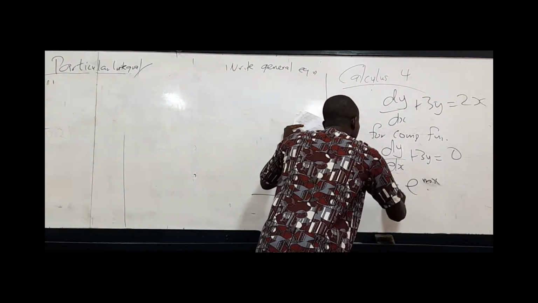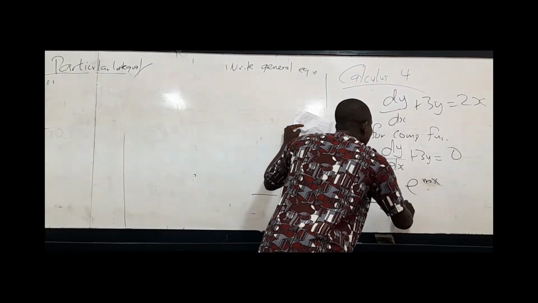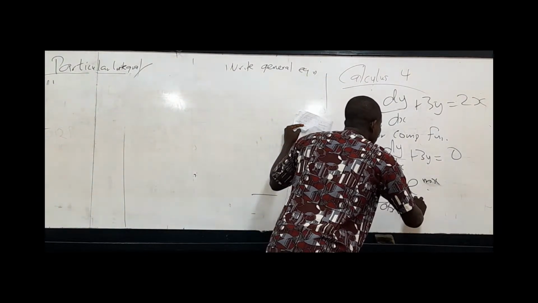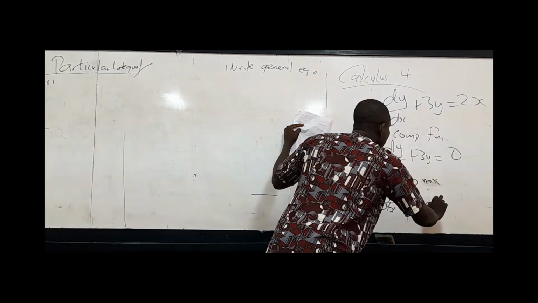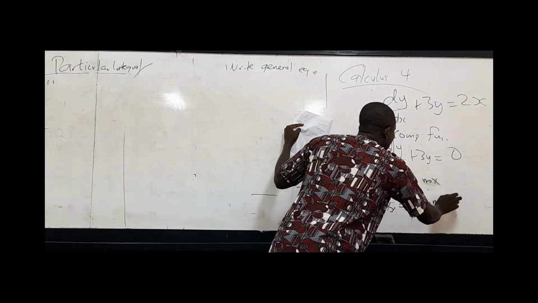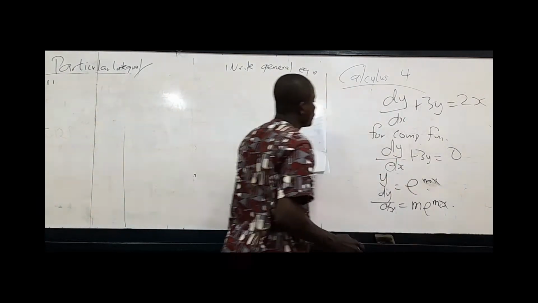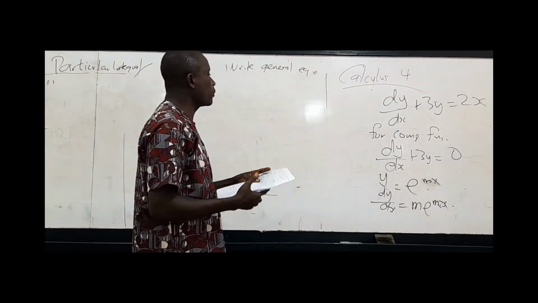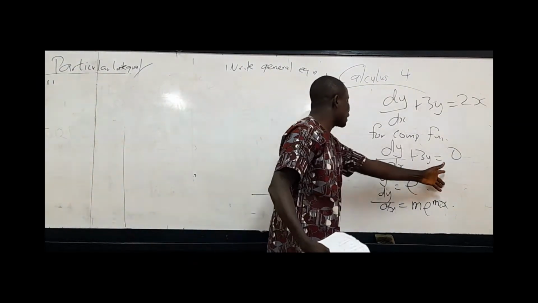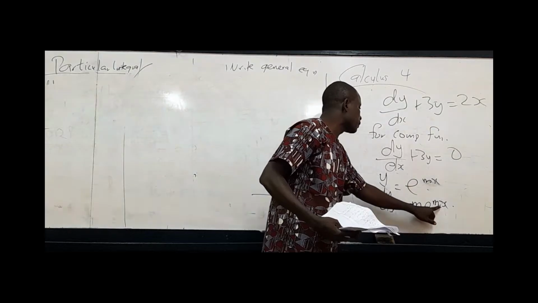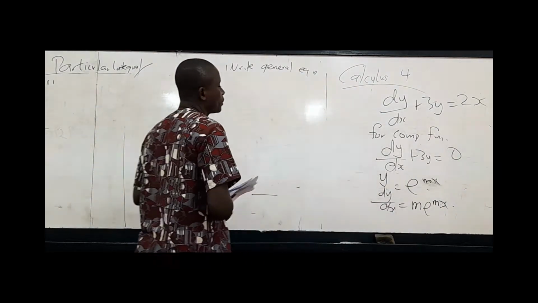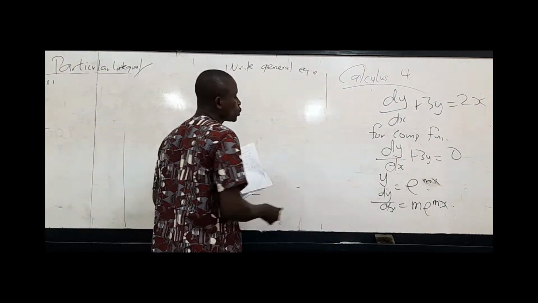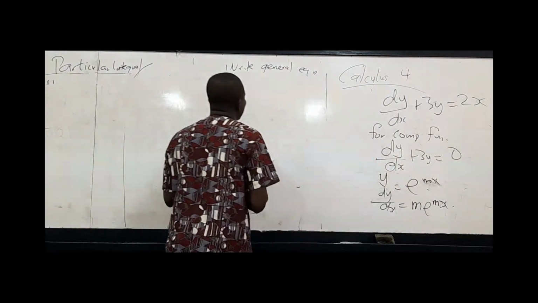So dy/dx is equal to m e to the mx. Look at how we are doing it. You just remember this one and know how to differentiate it. Then we put this information back into the original equation.